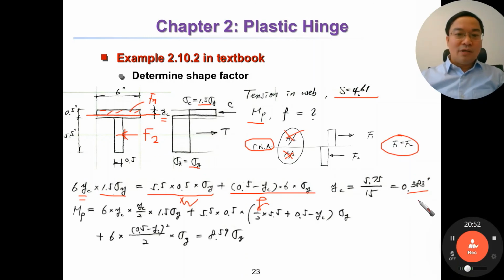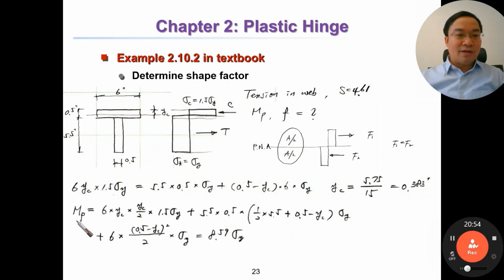And if we have Yc, now we can calculate Mp. Mp equal to this one. You can check. Okay, here Mp equal to this, the force here. Okay, let's say F1 multiplied by a distance between this one and for example here's F2.